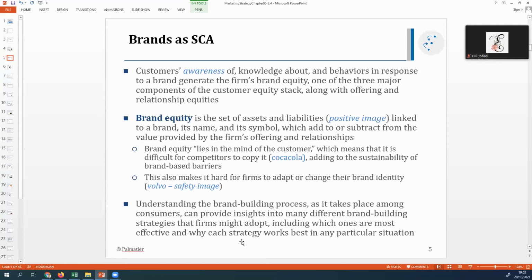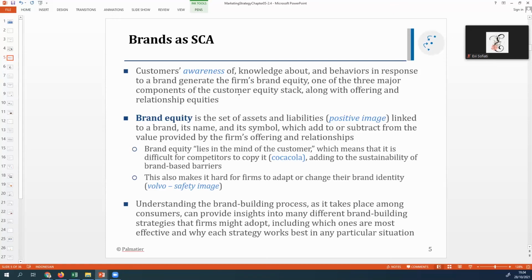Next is how to build brand as a sustainable competitive advantage. How to develop brand as a sustainable competitive advantage. So the first thing that we need to understand is that before you think about making a brand your sustainable competitive advantage, you must be aware that the customer is aware of the product.